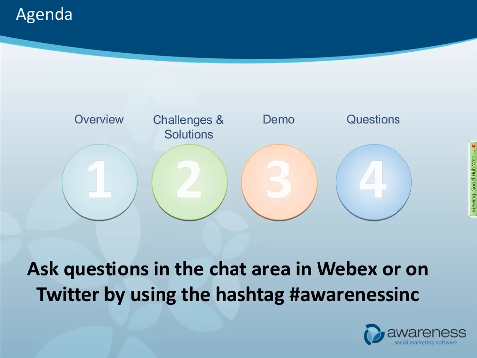I'll go over some of the challenges and obstacles that we as marketers all face when dealing with social media metrics, and why it's important to overcome these challenges. We'll go over how the Social Intelligence Dashboard is a solution to a lot of the obstacles and challenges that we as social media marketers have, and how we address that using the dashboard.